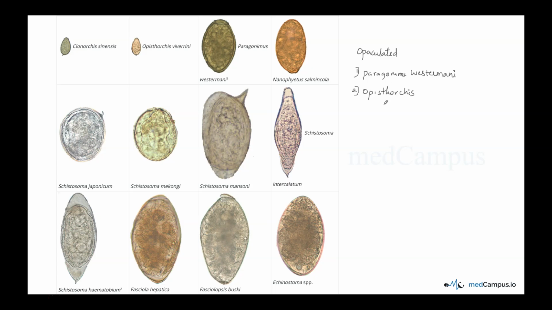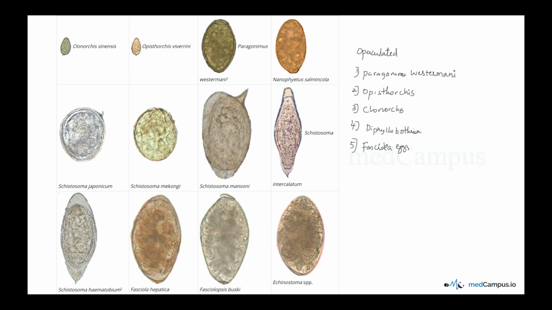I don't have a mnemonic for this. Next is Clonorchis. And as we discussed, the fourth one, Diphyllobothrium latum. And Fasciola. Fasciola species also have operculated eggs. Please remember these things.